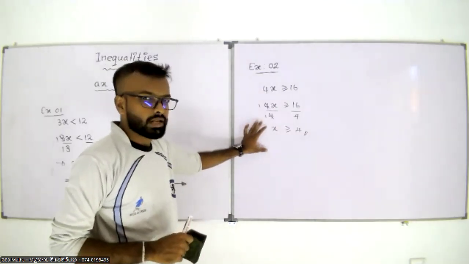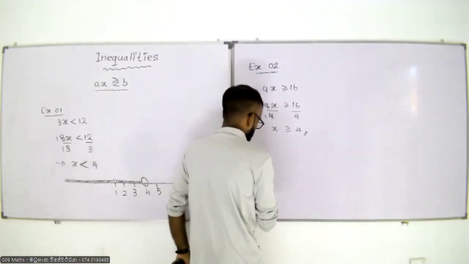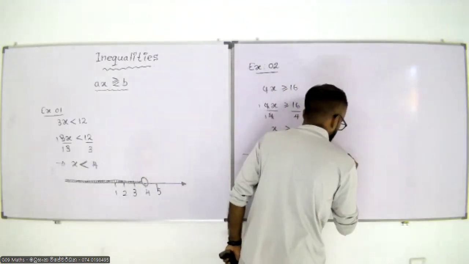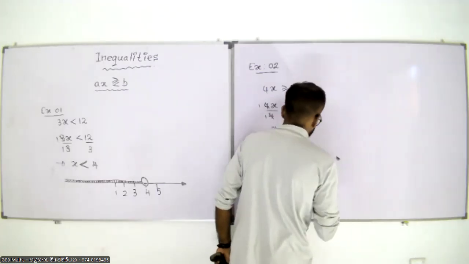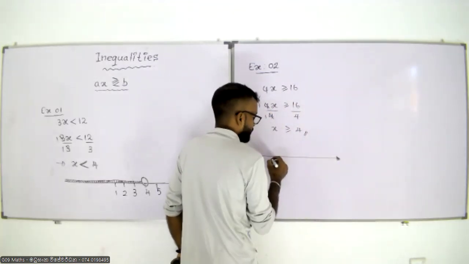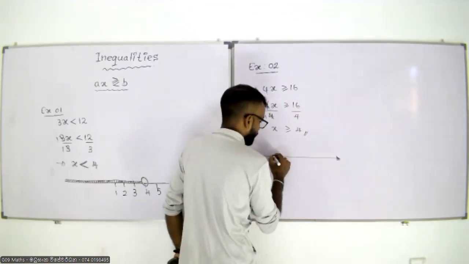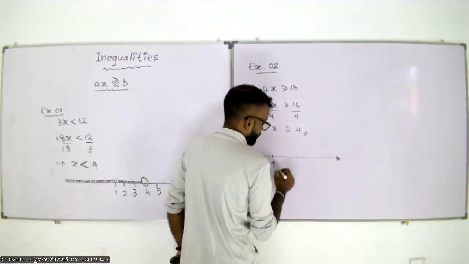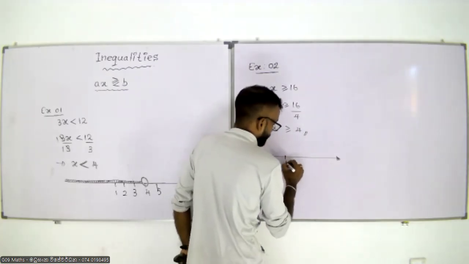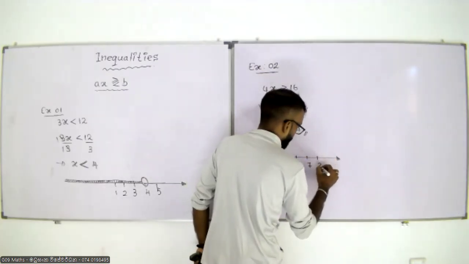If you want, you can highlight this on a number line as well. So this is my number line. All the values including number 4 are the answer for x. All the values greater than 4, including number 4. 4 is here, then you have 5, 6, 7, 8, and so on.